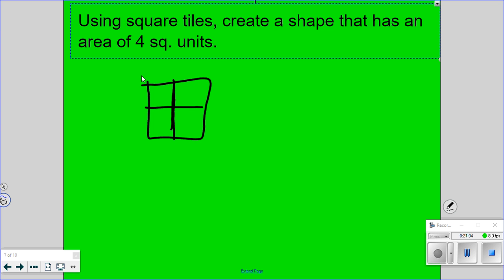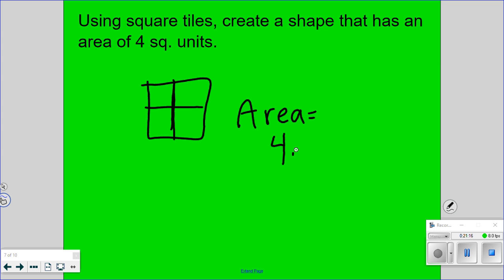What's the area? 4 square units. 4 units squared. You could write it in English, that would look like this: square units. You could write it in math language: 4 units squared. Both of those are acceptable.